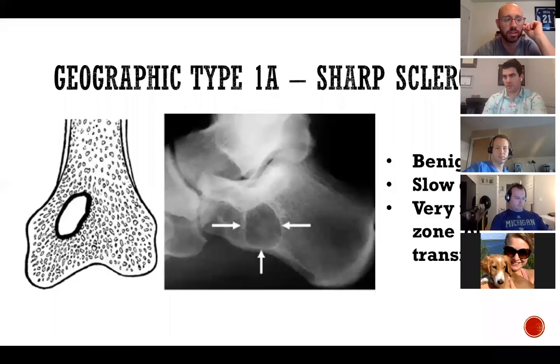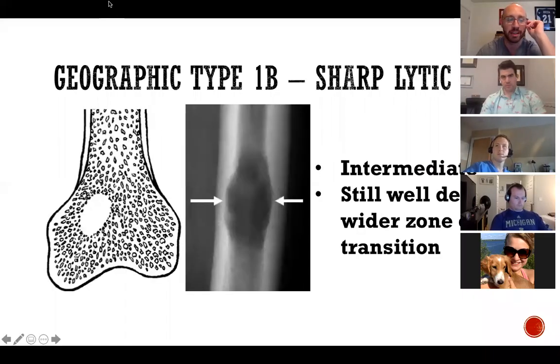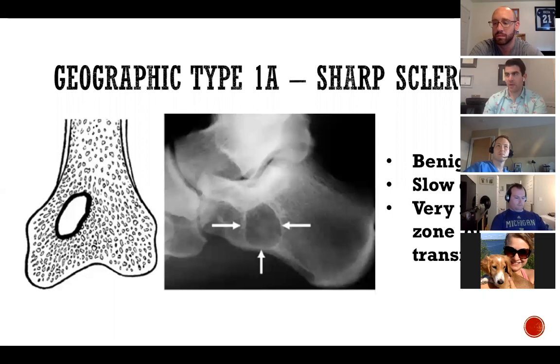Correct. Just on that point, Jasmine asks, can a lesion have a wide zone of transition and clearly demarcated borders? No, because the zone of transition really is dependent on the border thickness. When you look at this lesion, you have a narrow zone of transition, number one, because normal bone is right here and abnormal bone is right here.